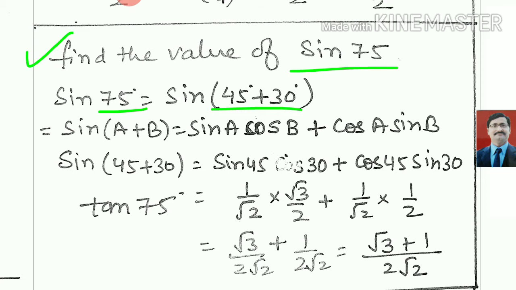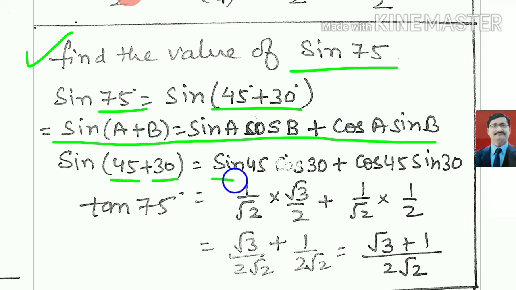Look here, we have this formula: sin(A plus B) equals sin A cos B plus cos A sin B. If in place of A I write 45 and in place of B I write 30, we get sin(45 plus 30), and that will be equal to sin 45 cos 30 plus cos 45 sin 30.